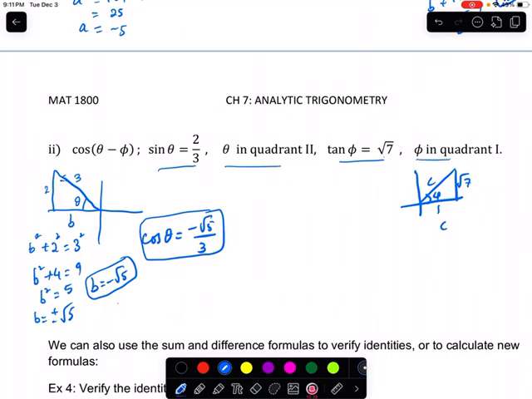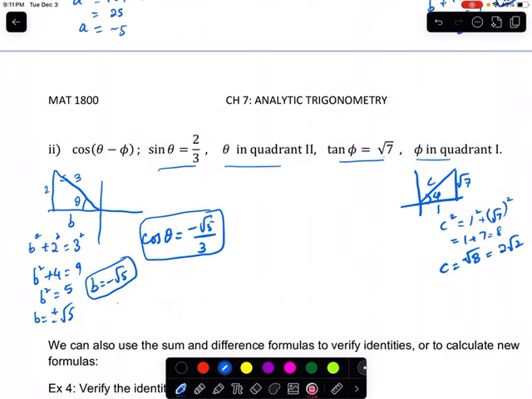So c squared is equal to 1 squared plus square root of 7 squared. So it gives me 1 plus 7, which is equal to 8. So c will be equal to, now this is the hypotenuse, so we will not take the negative sign, it will be just the positive one. So square root of 8, which means 2 times square root of 2. Okay, let's see what we need from here.